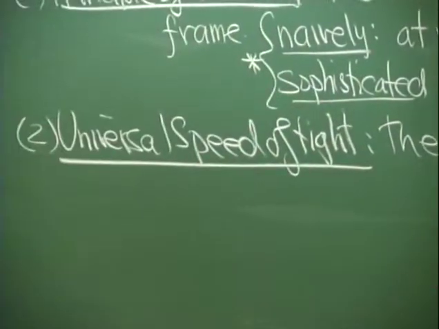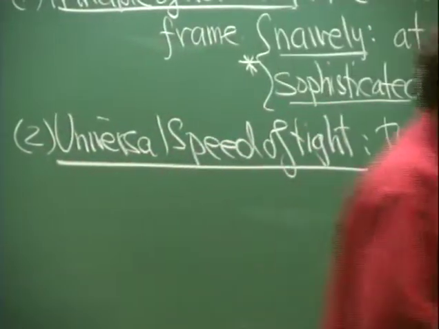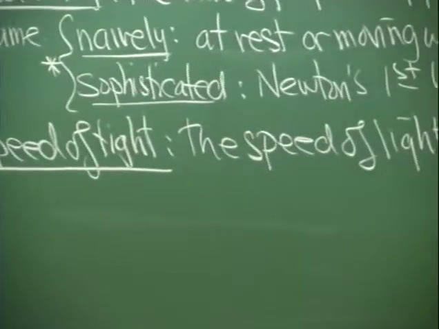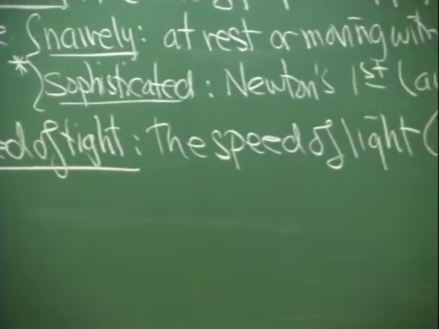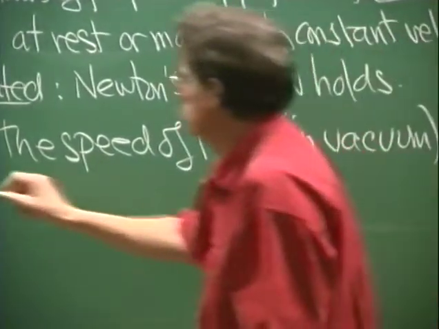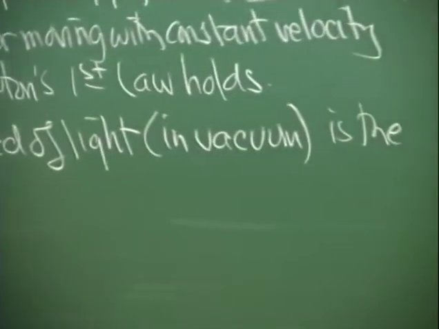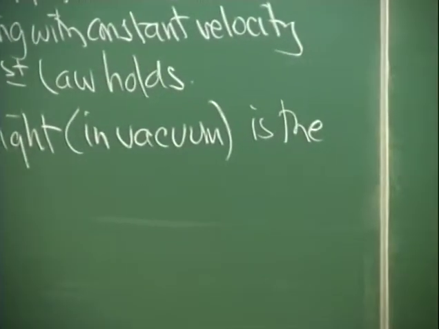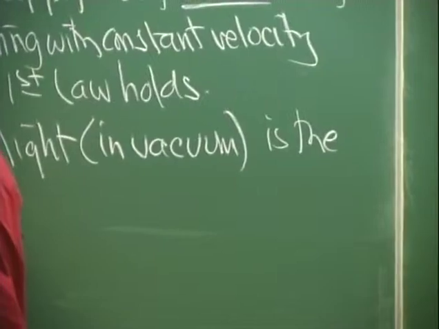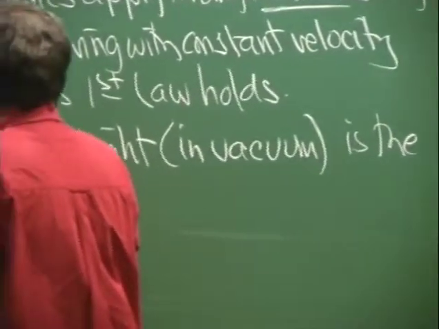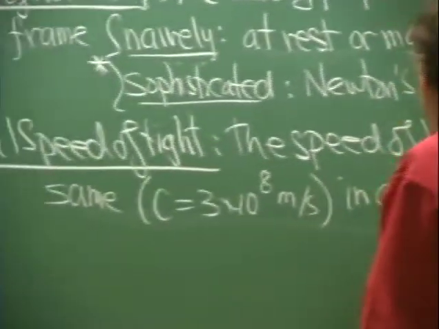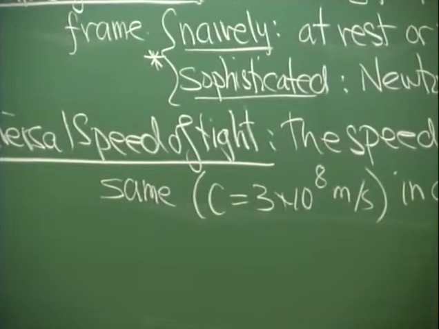Sometimes I forget to put that in parenthetically, but we're always talking about the speed of light in vacuum, namely c equals 3 times 10 to the 8 meters per second in all inertial frames.